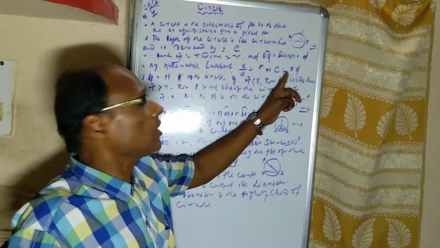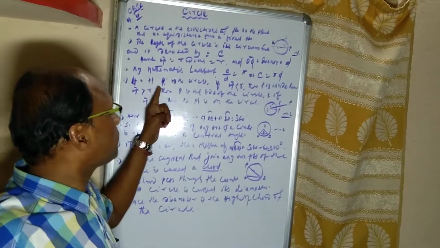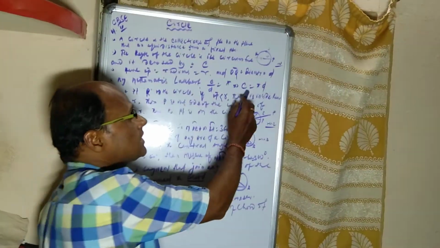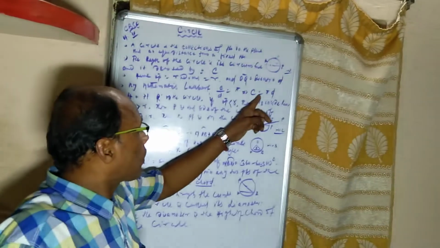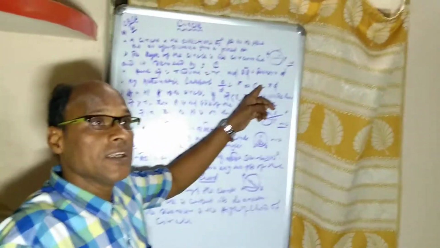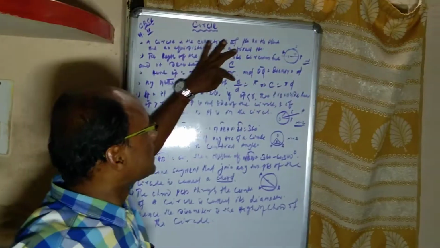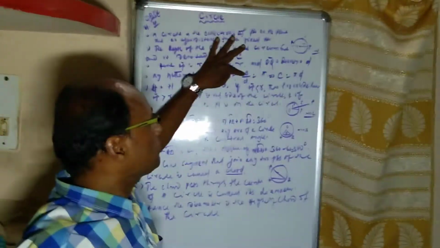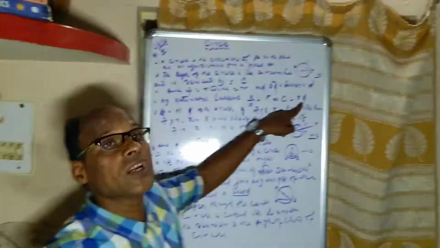This was first stated by the mathematician Lambert: the ratio of the circumference and its diameter is equal to pi. So C is equal to pi D.